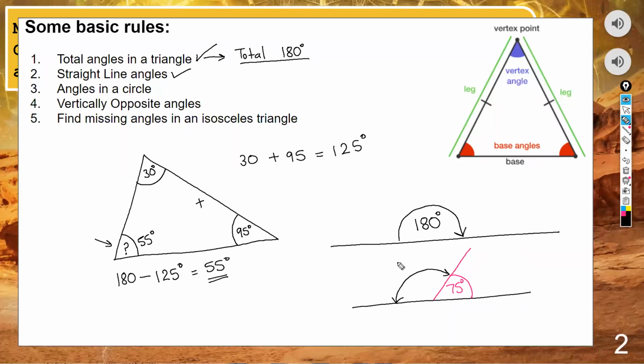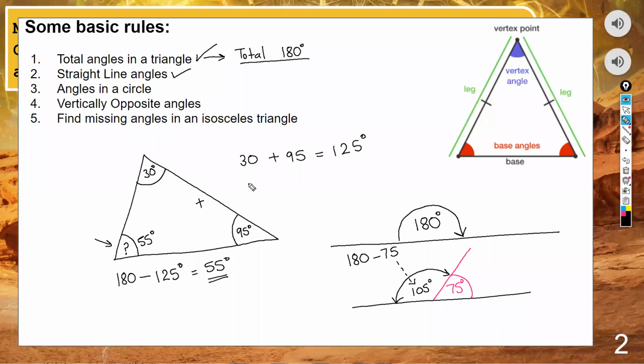So to get the missing portion, which is this guy here, all we have to do is take 180 and minus how much? 75 degrees. And we're definitely going to get how much? Well, 105 degrees. Very, very simple stuff that you're going to be seeing over and over today. And you're going to be hearing me saying it over and over and get so fed up. It's just going to stick in your head.